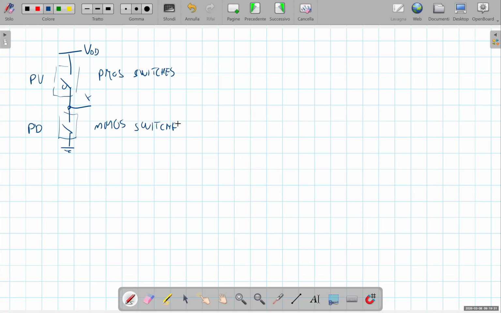This structure is also called a CMOS gate, and is also called a totem pole structure.